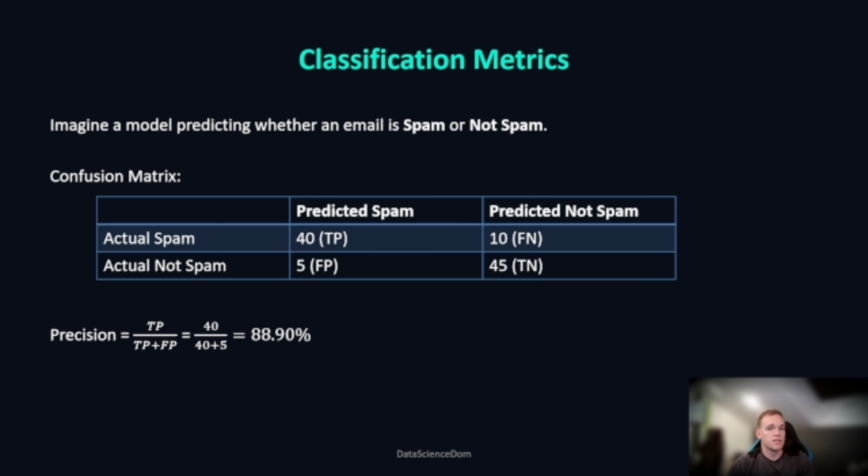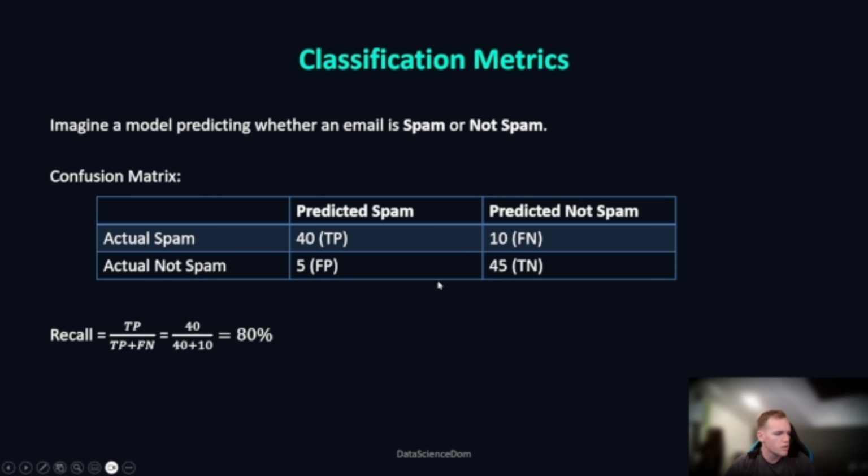So it's in the end the ratio of everything we said is spam that is correctly spam, out of everything the algorithm said is spam. In this case, we sum the 40 plus 5 over here to have 45, and the 40 gets divided by the 45, and we get a ratio of 88.9%. So it's a bit higher than the accuracy in the end.